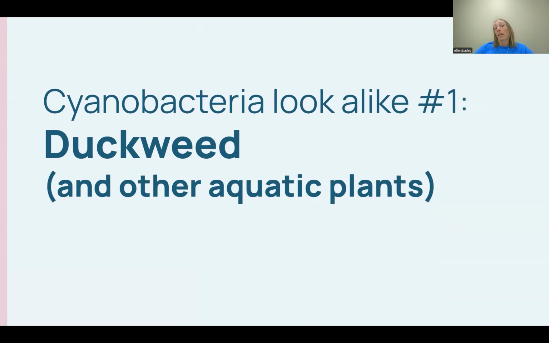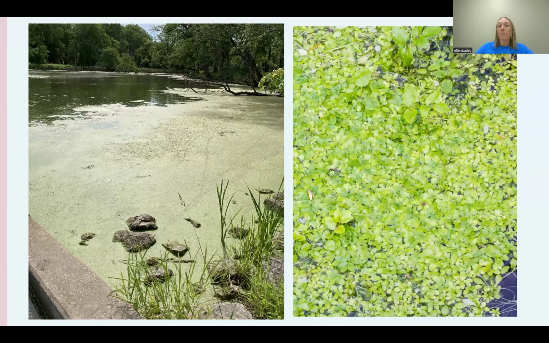There are some lookalikes, some imposters that you want to make sure to give a second look. Duckweed is one of these, and some other aquatic plants. You take a look at this picture on the left, and that sure looks like a scum of harmful algal bloom. But you look closer, and you can actually pick out that there's individual little leaves on the surface.